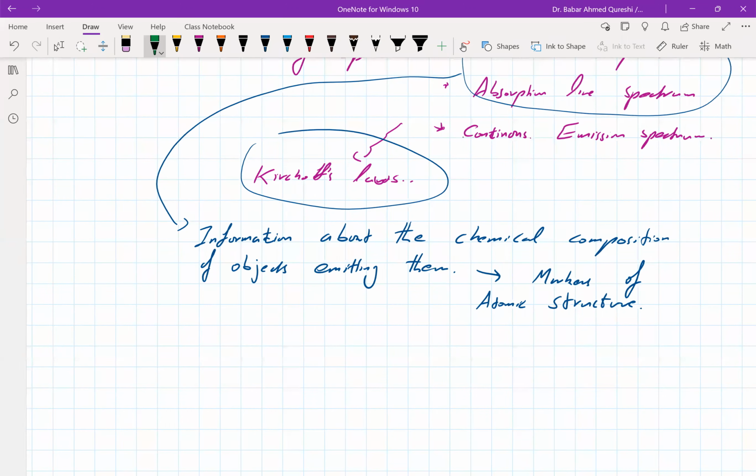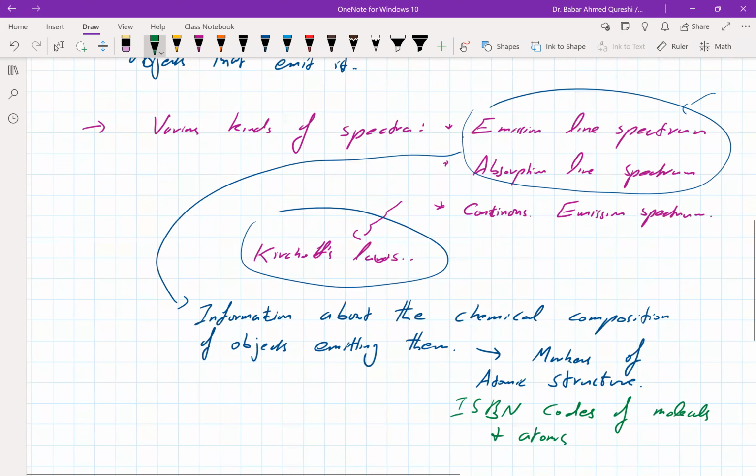One should really think of them as like ISBN codes of molecules and atoms.